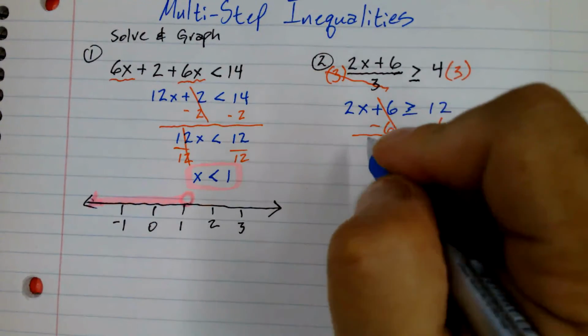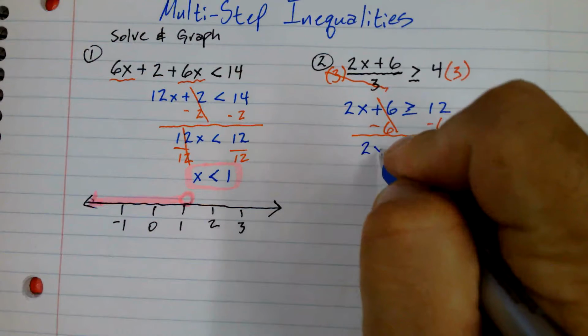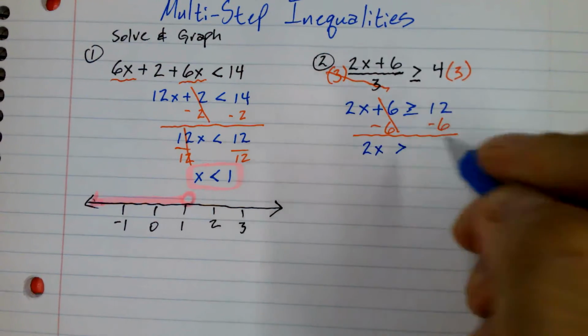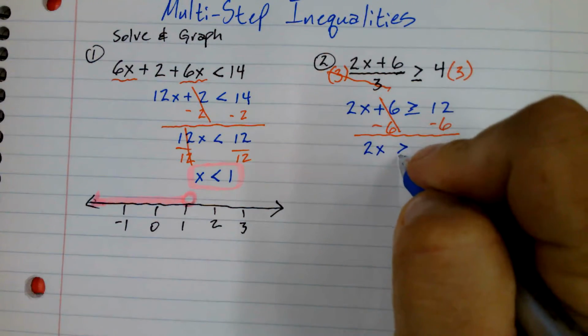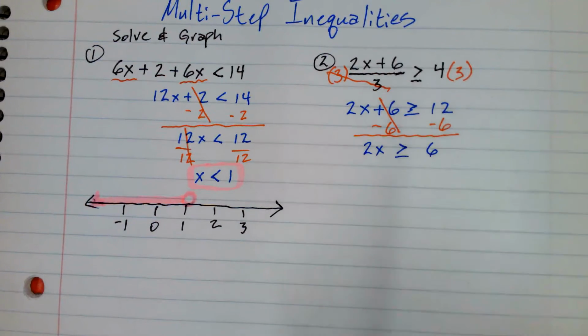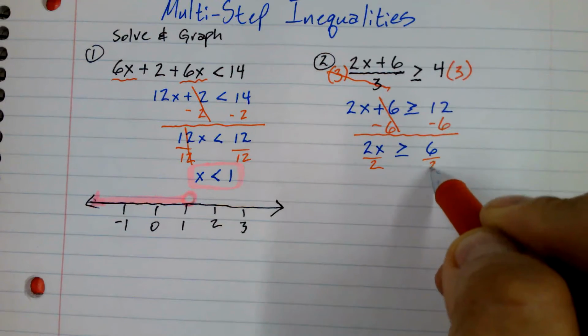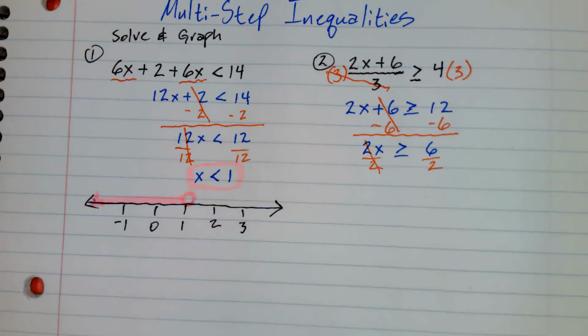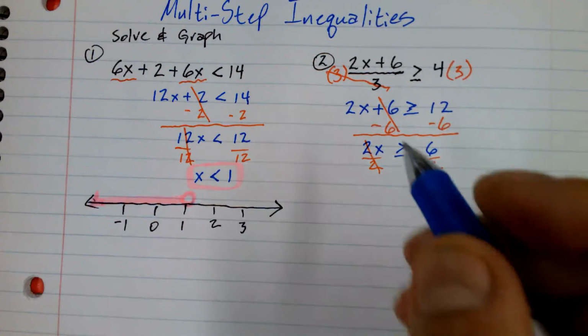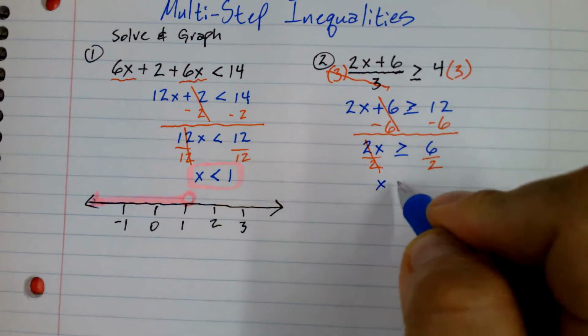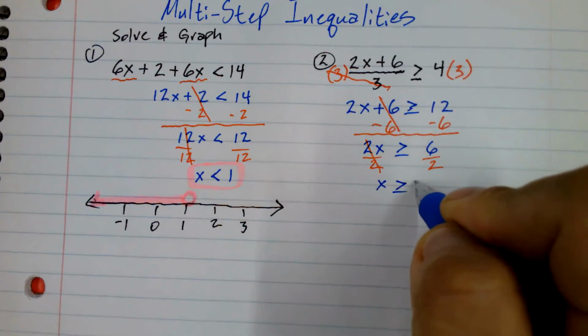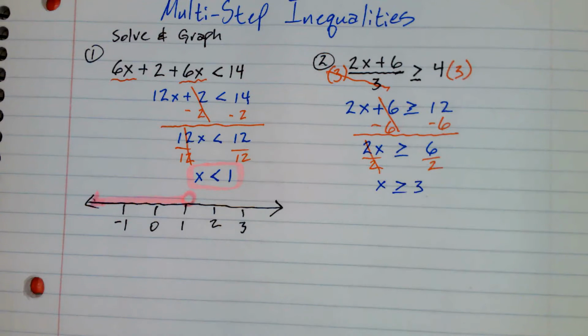And we get 2x is greater than or equal to 6. And we'll divide by 2. And x has to be greater than or equal to 3. Okay?